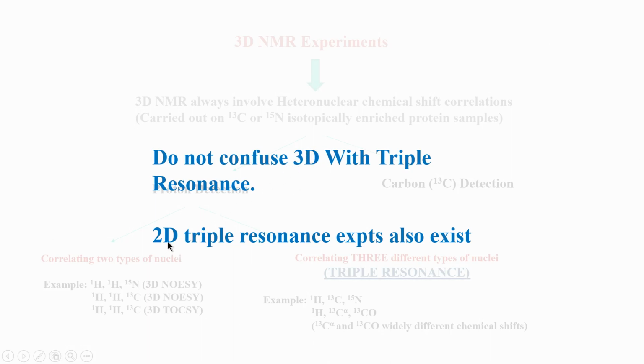If I have one indirect evolution period, it comes out as a 2D experiment. So triple resonance can also be a 2D experiment; it does not always have to be 3D. This is a point of confusion which several people have. They think 3D automatically means triple resonance, or that triple resonance can never be 2D. That confusion should not arise.